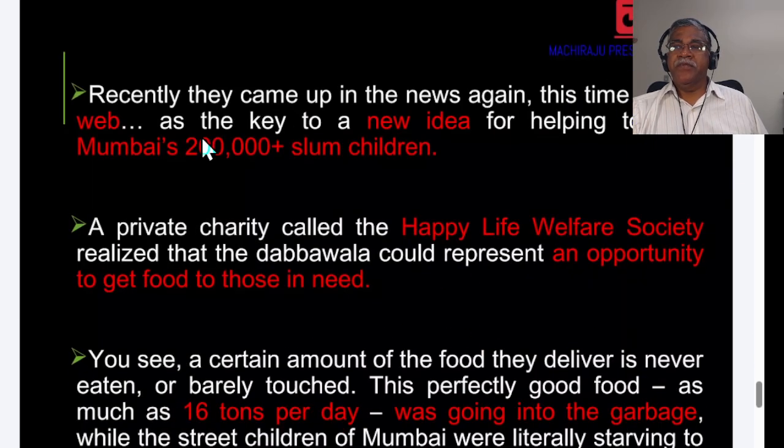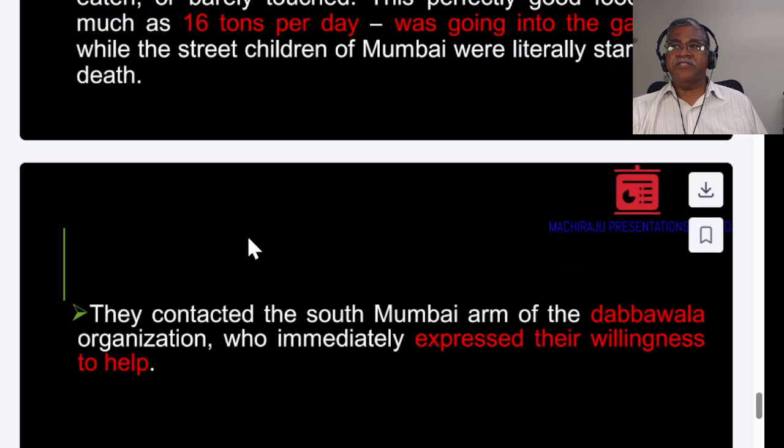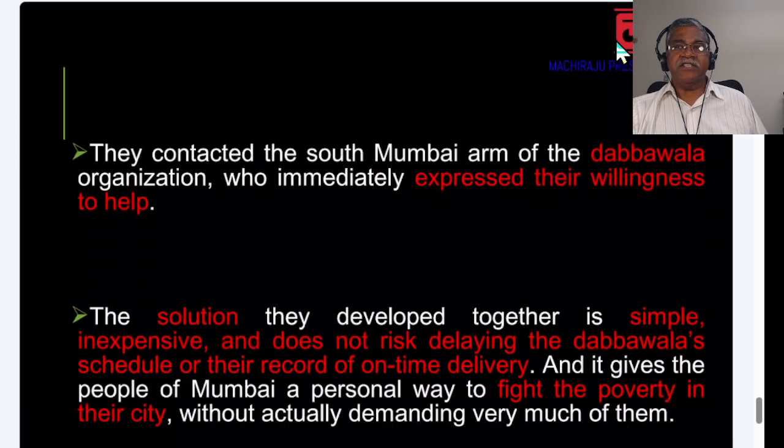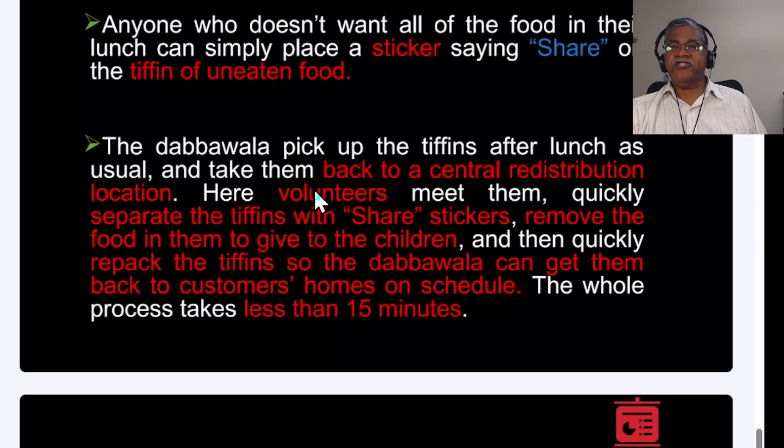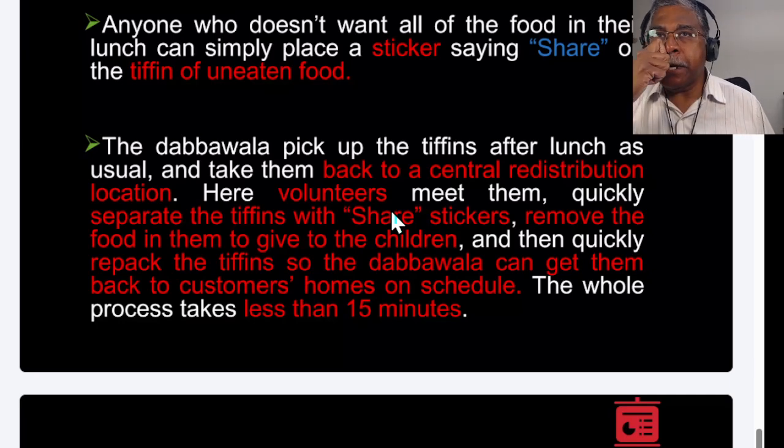So again, you feed a lot of people from the slums. It's more than 200,000 people. So they are basically partnering with these charities, right? So food that is never eaten, barely touched, rather than wasted, they decided to save it. So again, this is kind of the point. See, so you have what's called a share sticker, which means they know exactly what, so the social workers will come and pick up the food.